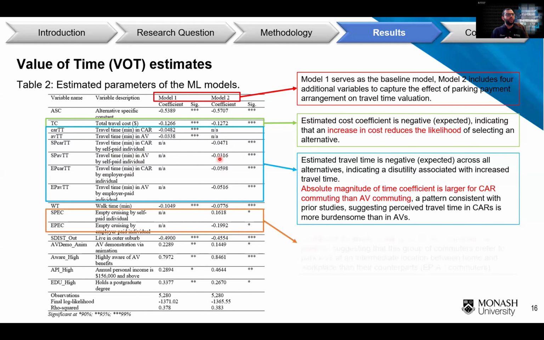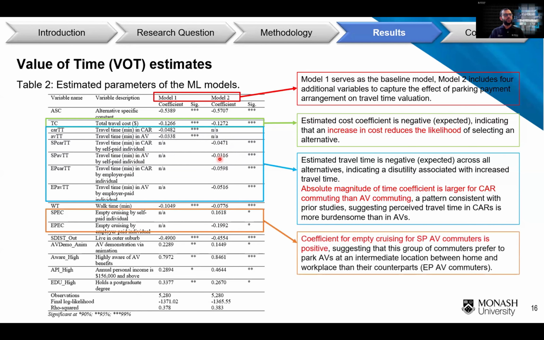Another important thing that we have introduced in our survey is to find out the willingness for going for empty cruising, because we have been saying that parking might be cheaper if they do not park in the CBD and can instead send the car someplace else.